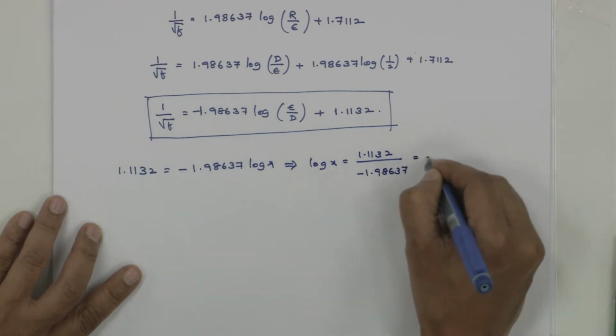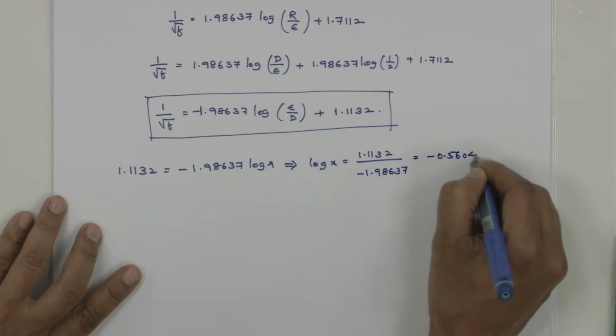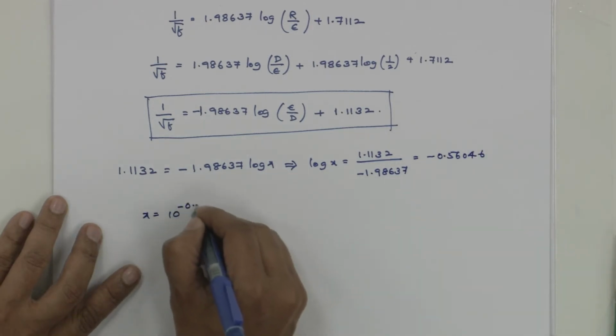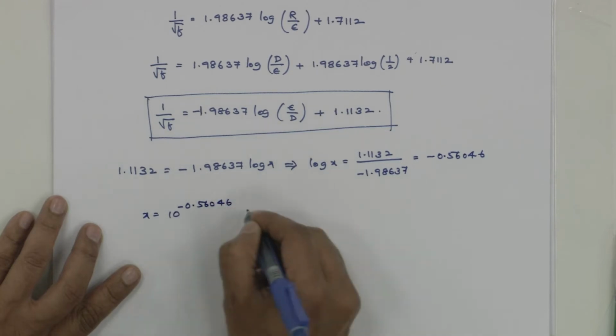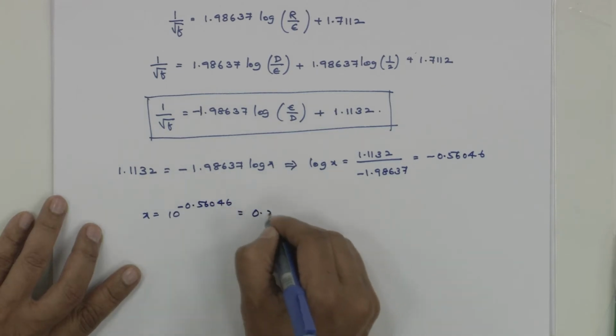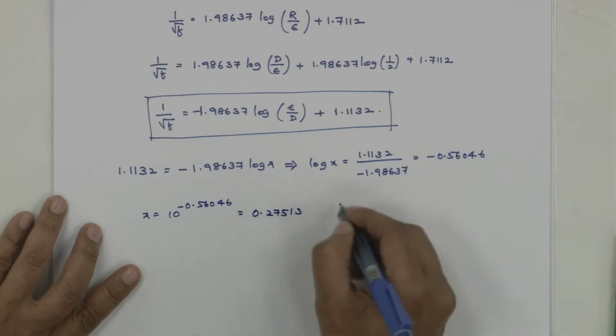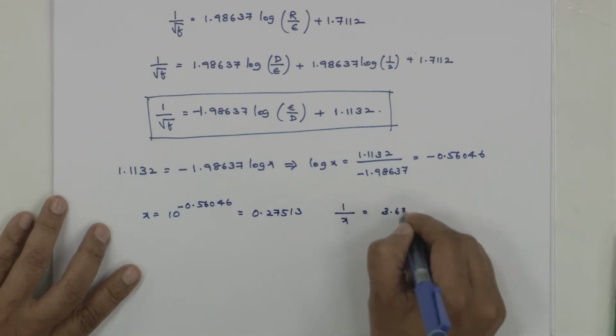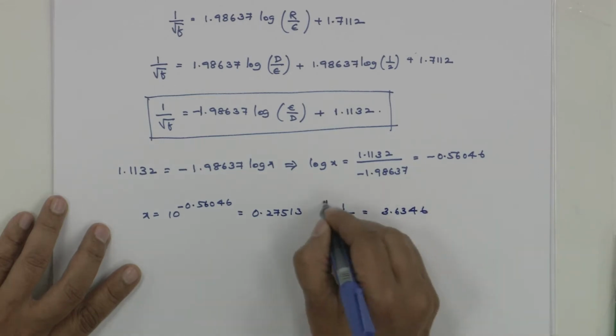So that is minus 0.56046. So x equal to 10 to the power of minus 0.56046, that fetches me 0.27513, but I want 1 by x, so I get 3.6346. Why did I do all of this?